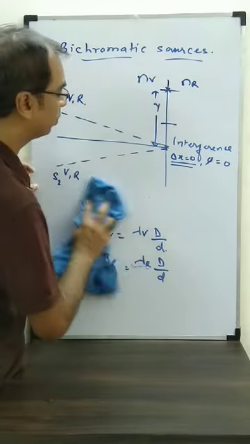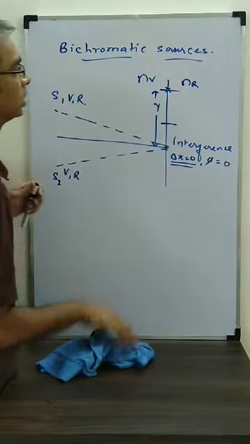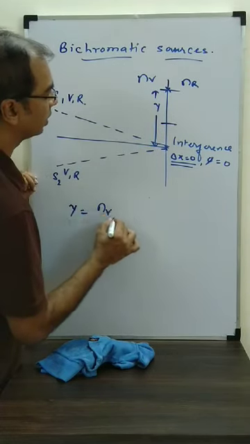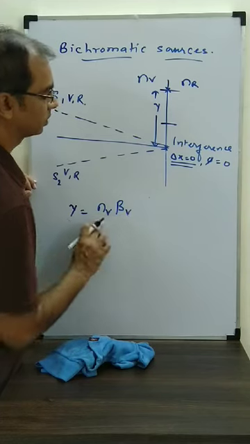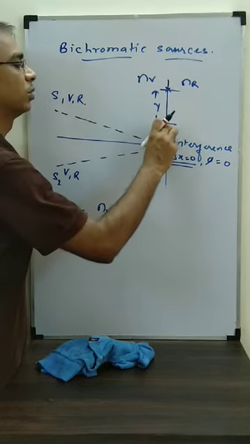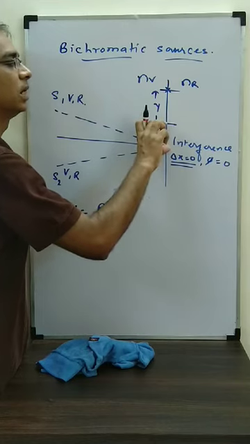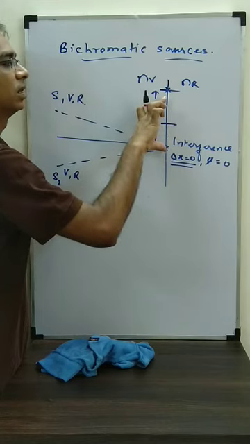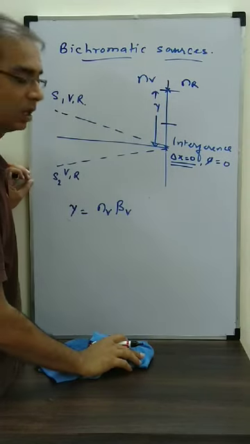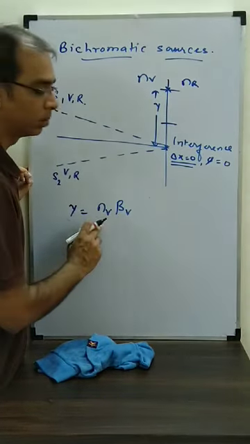So what will we do now? This Y value I can write as NV beta for violet. If this is the first maxima, this is beta; if this is the 2nd maxima, this is 2 beta; for the 3rd maxima, it is 3 beta. In the same way, here for the NV-th maxima, I am writing NV beta.